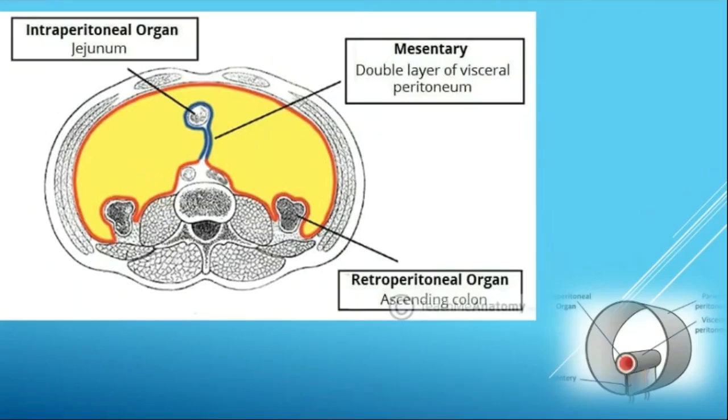A double layer of the visceral peritoneum is called mesentery. So all the organs within the peritoneal cavity, lined by the visceral peritoneum, when they get stimulated, their pain will be represented at the anterior abdominal wall. Whereas the organs behind the peritoneum, the retroperitoneal organs, their pain will be reflected at the back. As examples, the kidney and the pancreas. All right.